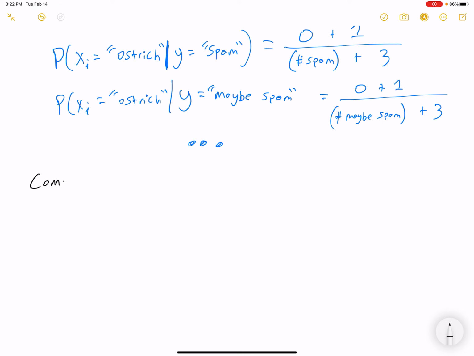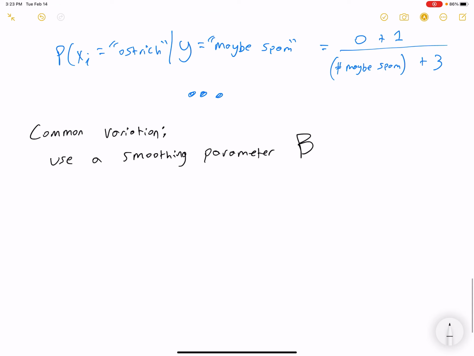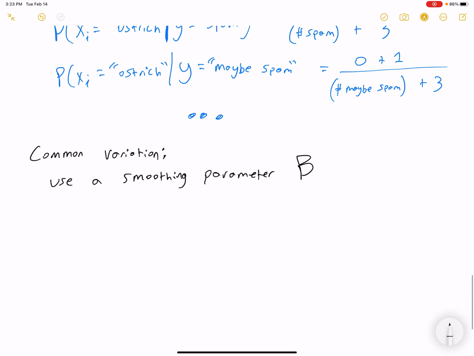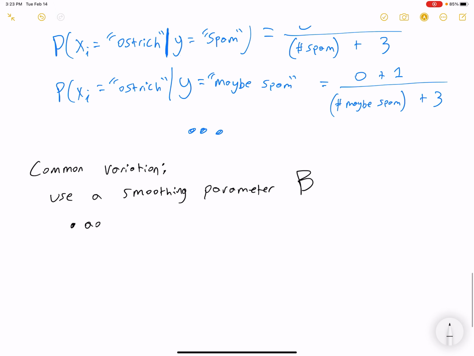A common variation is to use a smoothing parameter, which we'll call beta. So in this case, you're adding that smoothing parameter to the numerator instead of just 1.